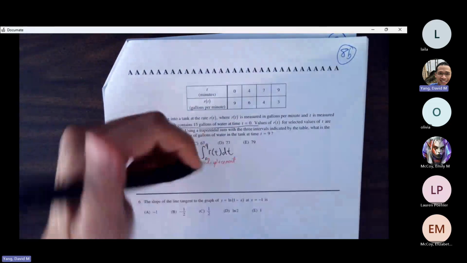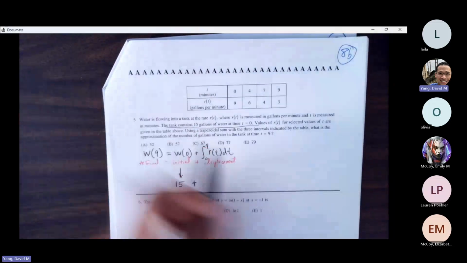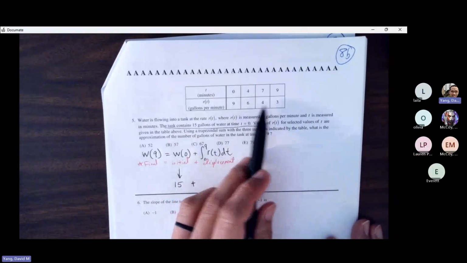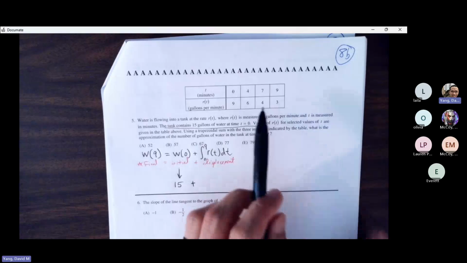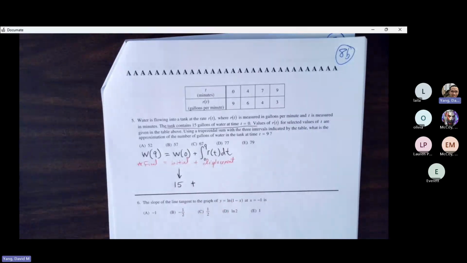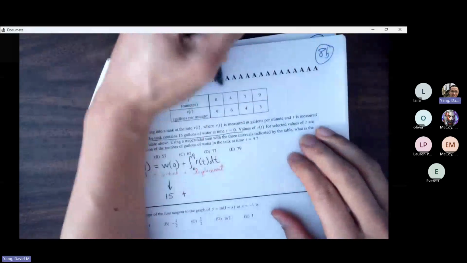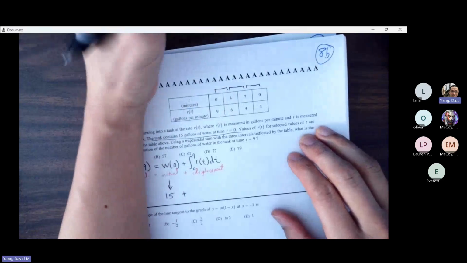So y of 0 is just going to be 15. Our work is really trying to figure out using trapezoid approximation, what's the area under these rates, which will give us the amount of water that has been added in that 9-hour period. So off to the side here, we know that we're going to be adding up these areas of trapezoids.